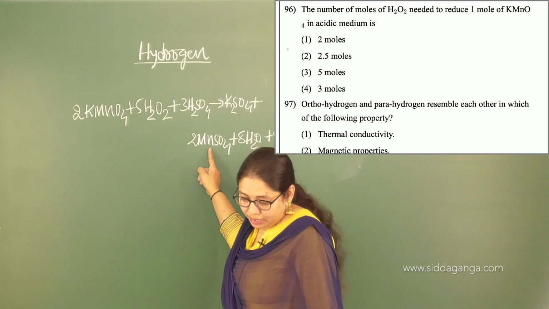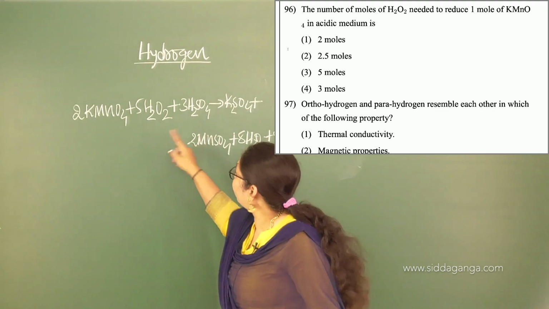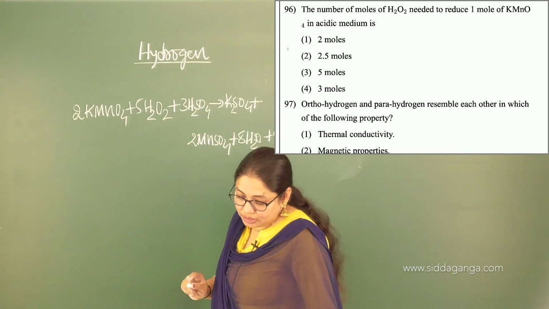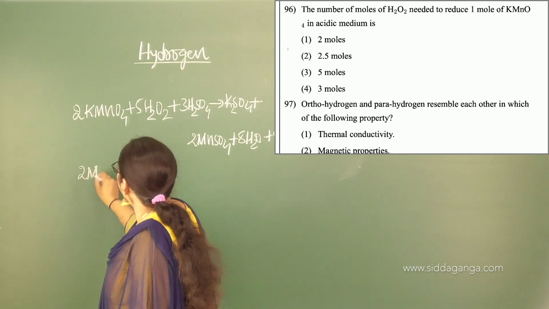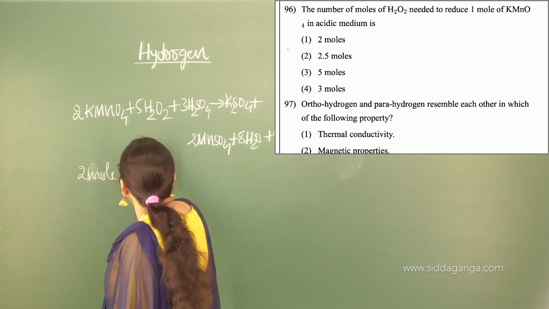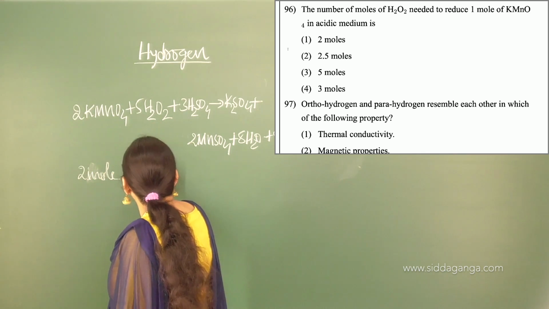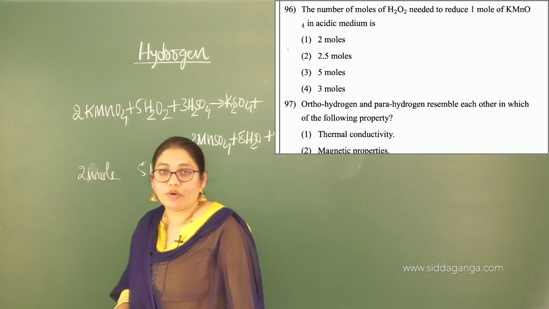So here you have to calculate how many moles of H2O2 are required. By looking at the reaction, you can see that for 2 moles of KMnO4, 5 moles of hydrogen peroxide are required.